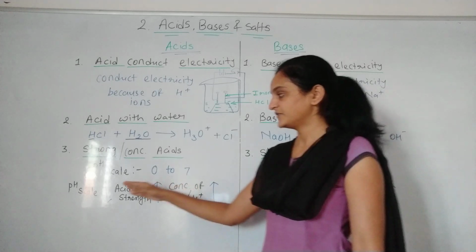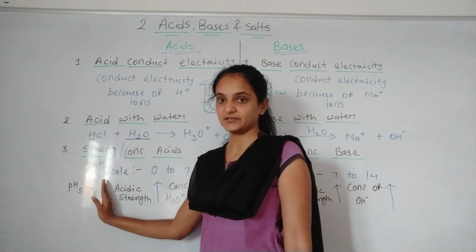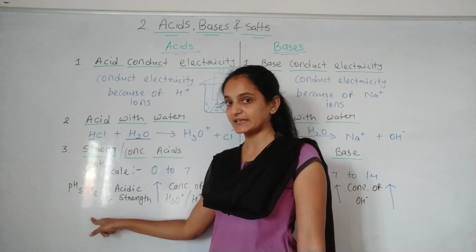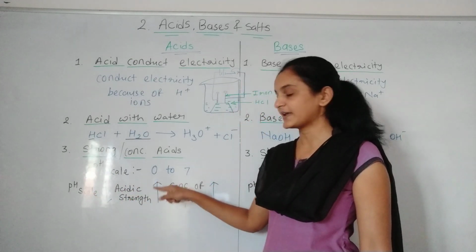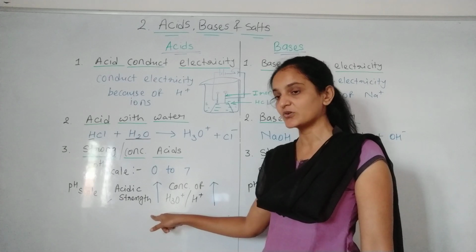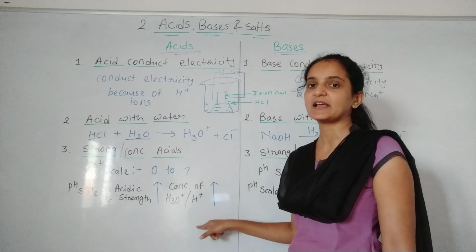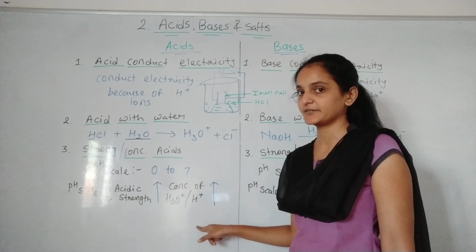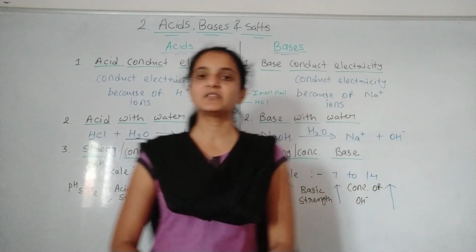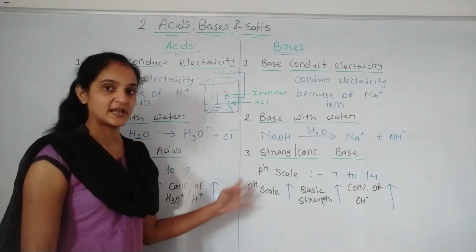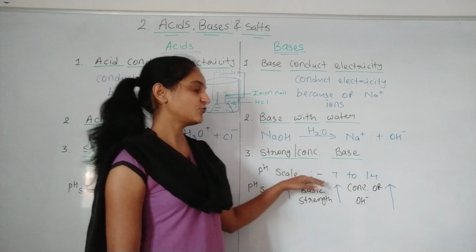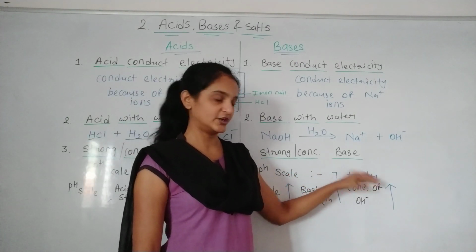Opposite to that, if the pH is increasing, then what happens? Acidic strength is decreasing because the concentration of H plus ion is also decreasing, right? In the same way we can have the relationship for the base also. As I have told you, the pH scale for the base is 7 to 14.